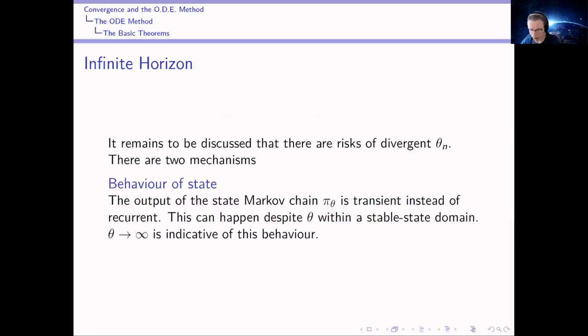There's a couple of risks to diverging theta. So any situation where we have a runaway theta is indicative of some pathological behavior of state. So for example, theta may actually be stable in the domain, but the recurrency of the Markov chain has been broken.